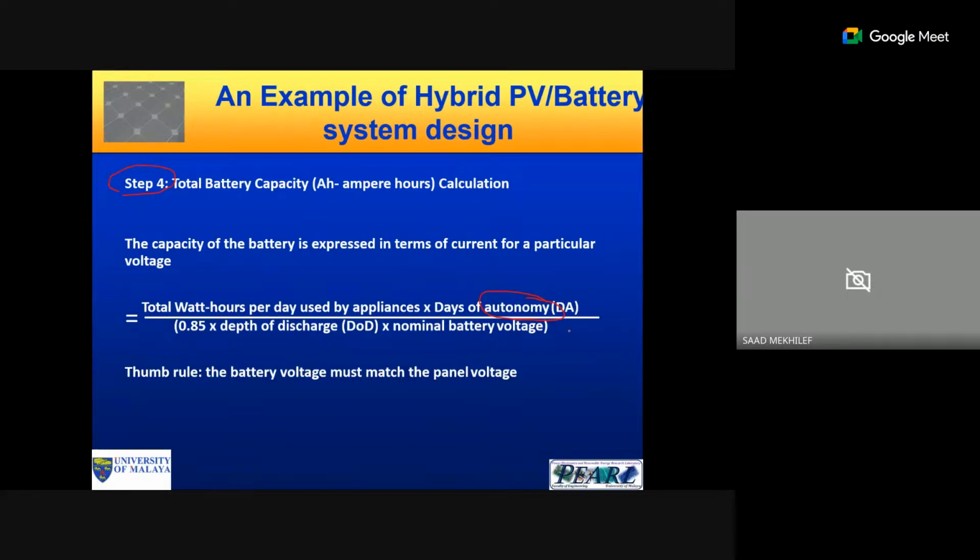That's the number of autonomous days. And if we assume the battery has 85% efficiency, we divide by 0.85, then by the depth of discharge, times the nominal battery voltage. The rule of thumb: the battery voltage must match the voltage of the panel.